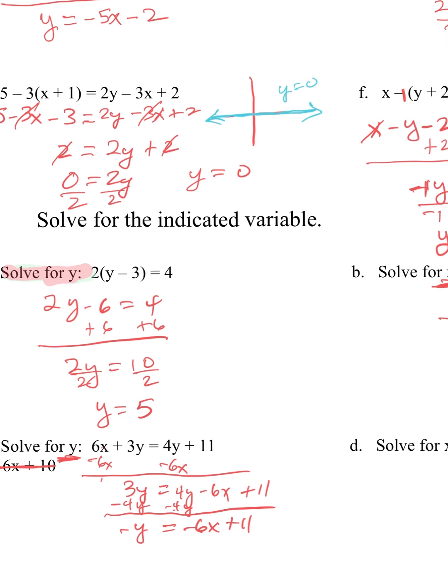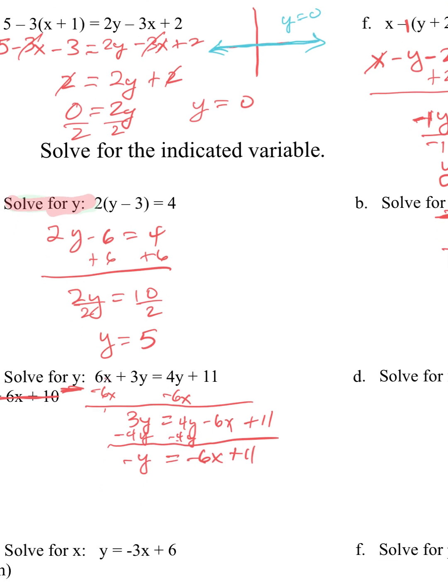We have to take care of the, we're solving for y, so y is by itself, almost. We have to get rid of that negative, so we're going to divide by negative 1.